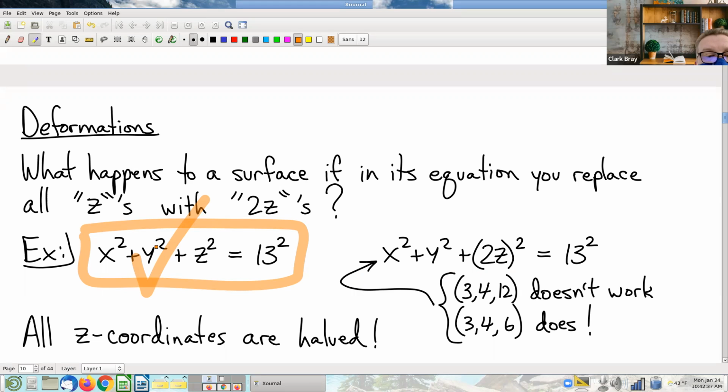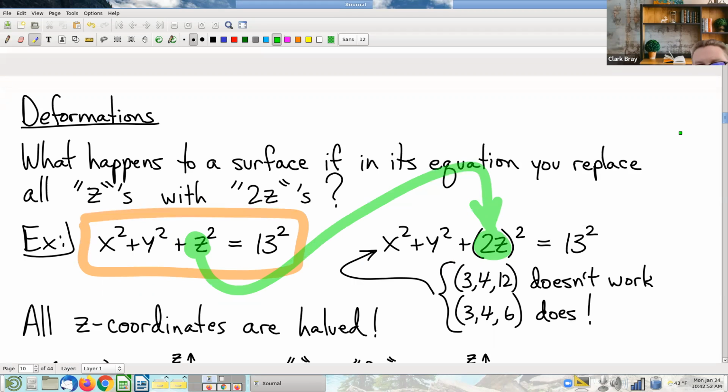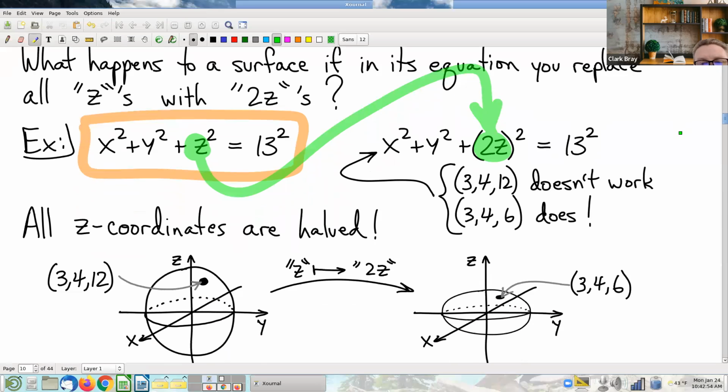And it's what I get when I take that equation and every single place where I see a z, I replace that with 2z. All the z's get replaced with 2z's. Now, different equation.